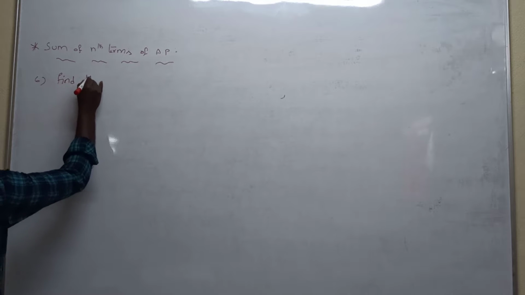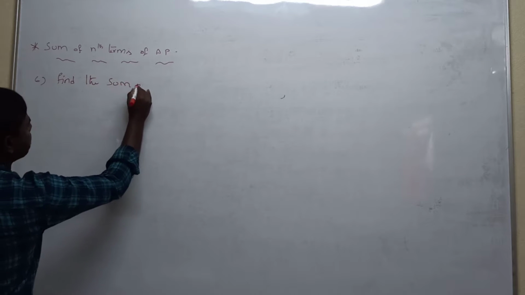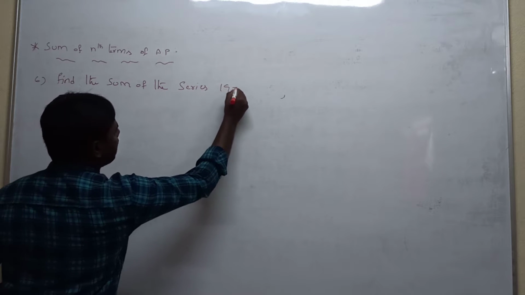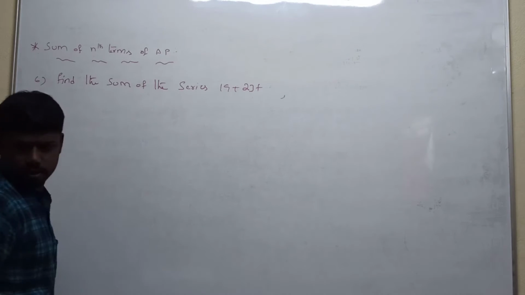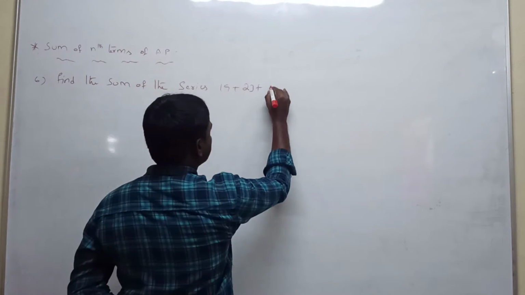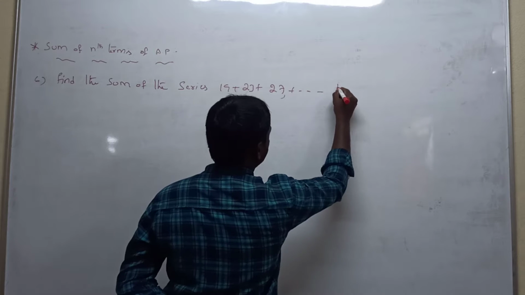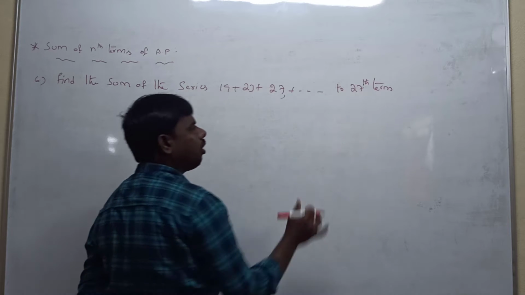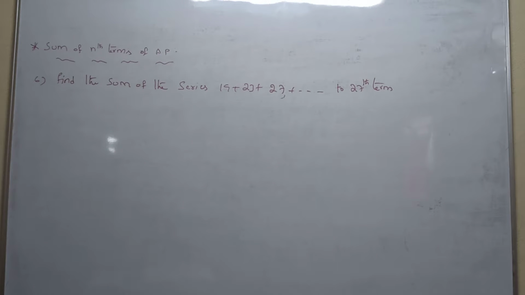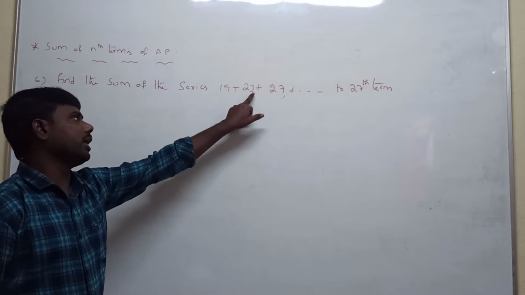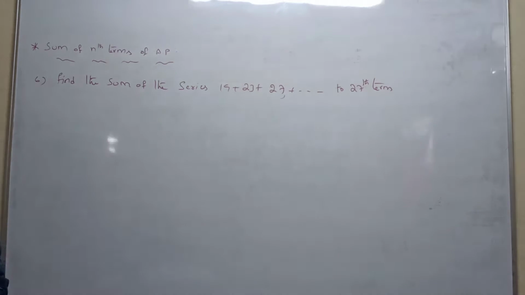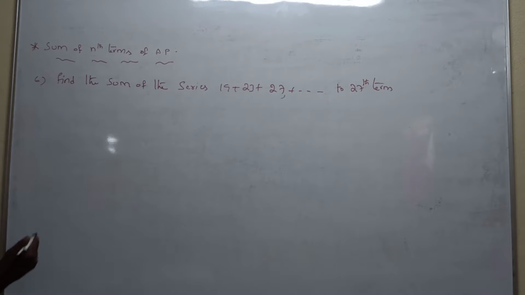Find the sum of the series 19 plus 23 plus 27 plus so on to 27 terms. Don't get confused here.